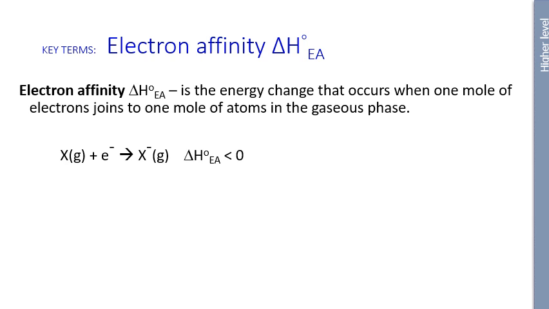Then we have the electron affinity, delta H naught EA, which is the energy change that occurs when 1 mole of electrons joins to 1 mole of atoms in the gaseous phase. We've already looked at this previously when we looked at periodicity, but it's basically mystery element X in the gaseous phase gaining an electron to become the associated ion.